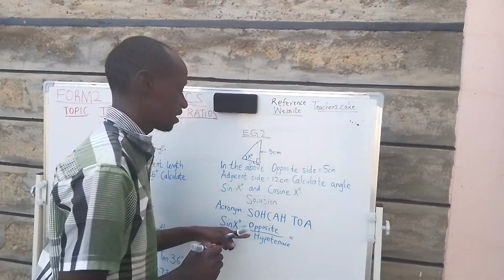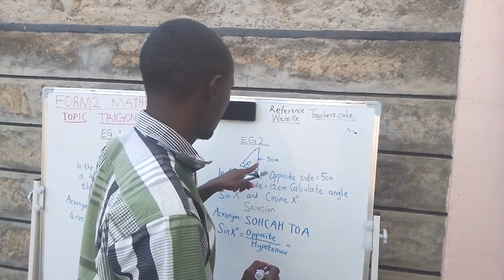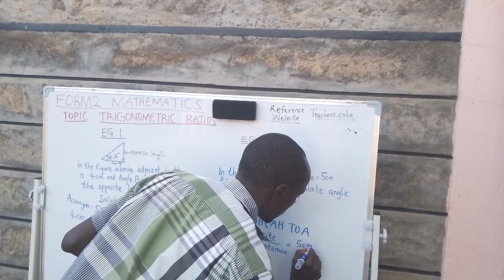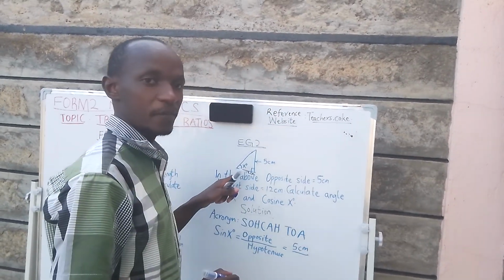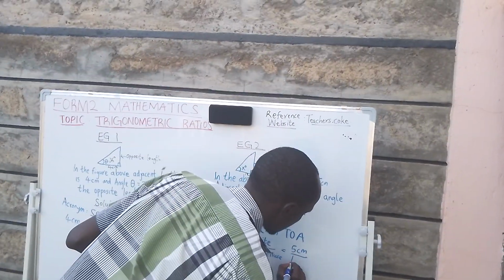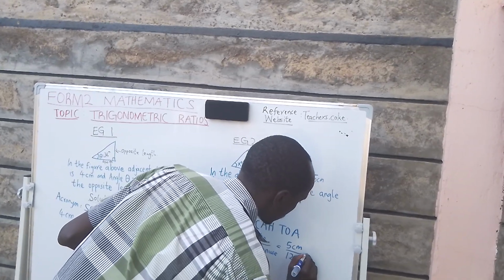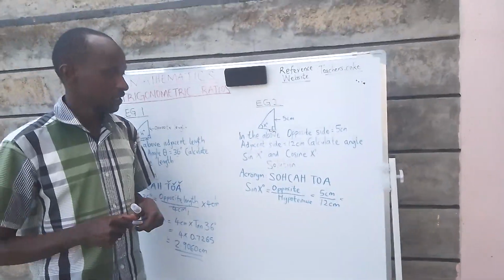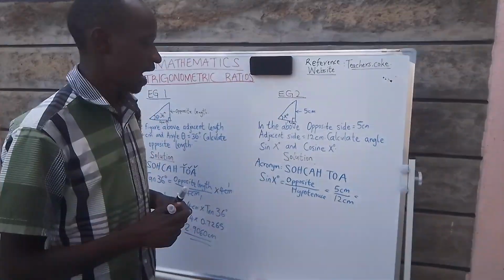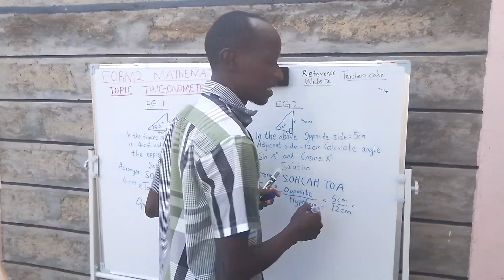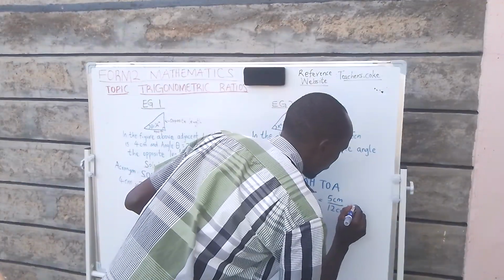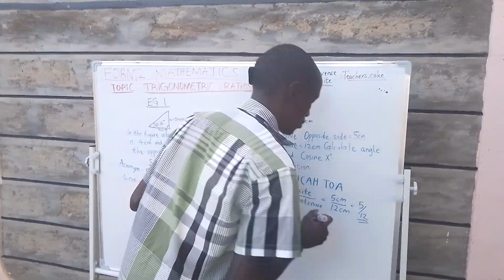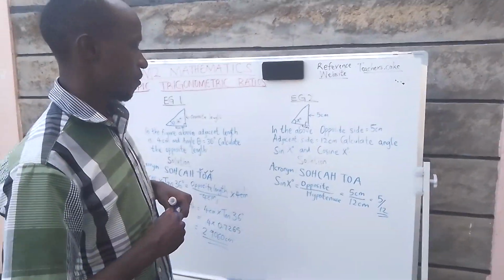So the opposite side we have been given as 5 centimeters, and the adjacent side we have been given as 12 centimeters. So you can leave the answer as a fraction, so our answer can be 5 over 12, or you can leave your answer in decimal form.